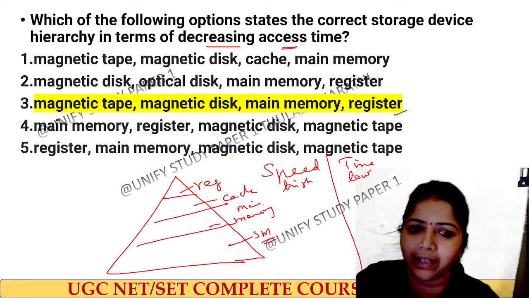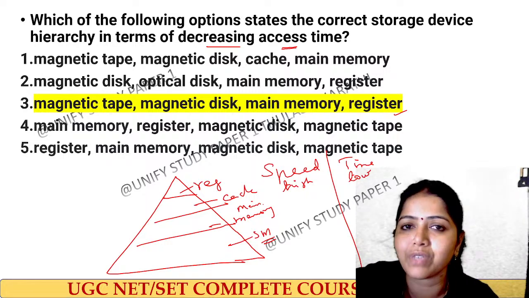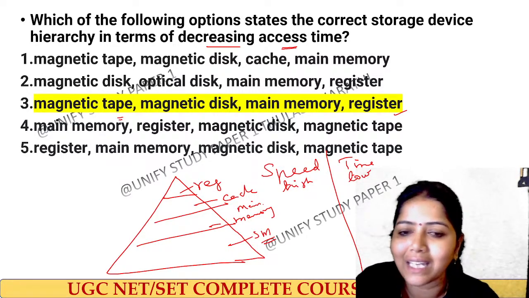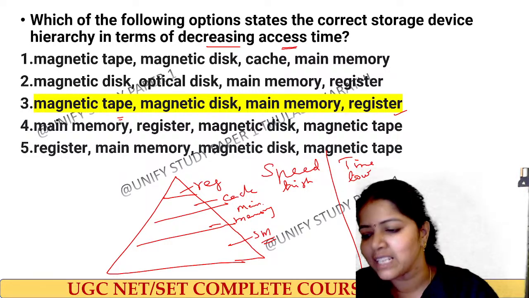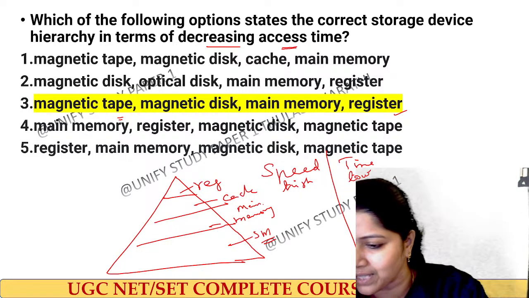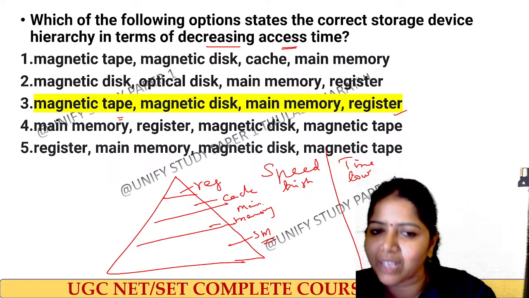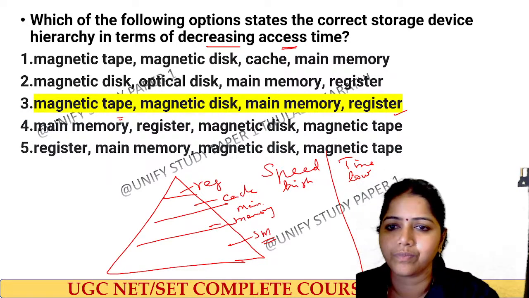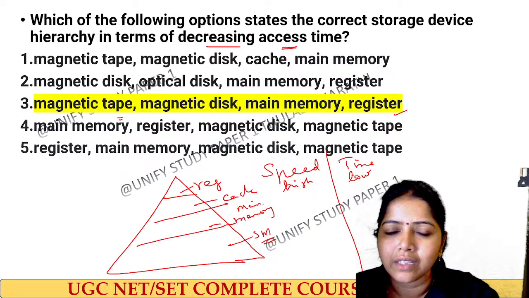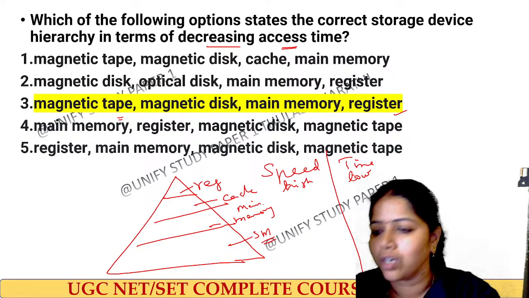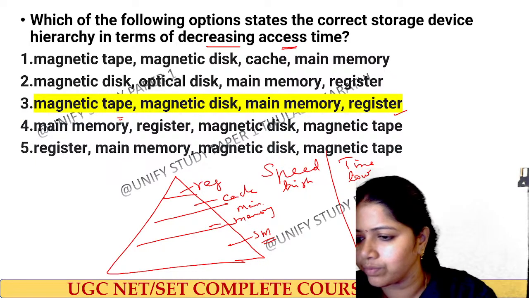That will come under here. And then we have the optical based disks, and then the magnetic tapes. Yes, speed increases means time will decrease. Exactly right. Access time with respect to register is low. Clear? Yes. Very good.